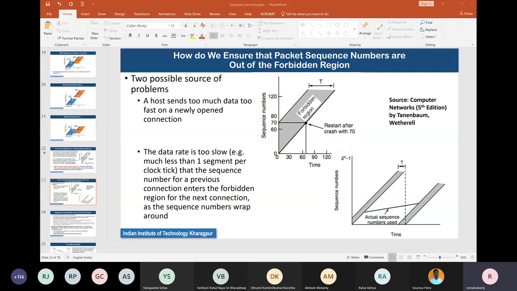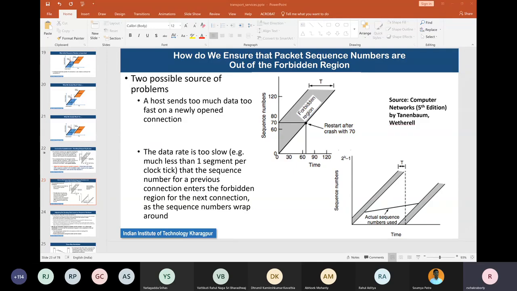So this creates a problem: too fast a release of segments is a problem, and too slow a release is also a problem, and the too slow release is not entirely in my hands.